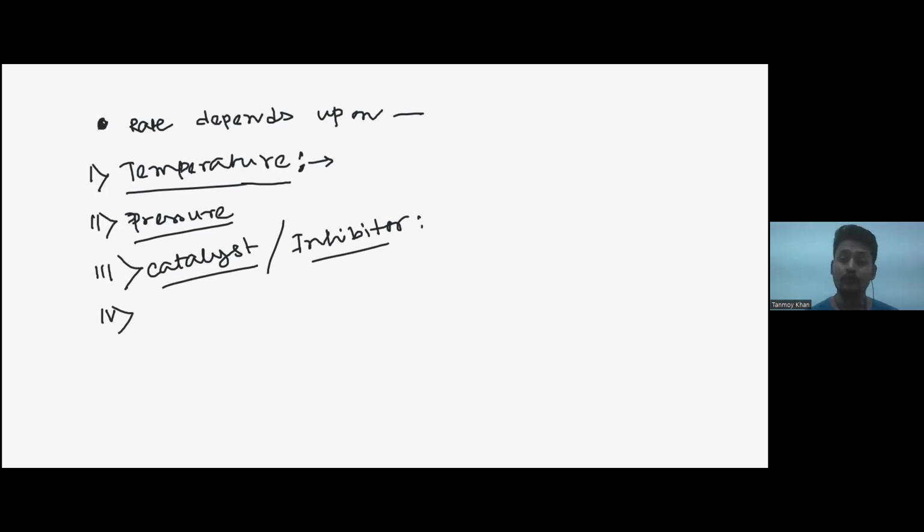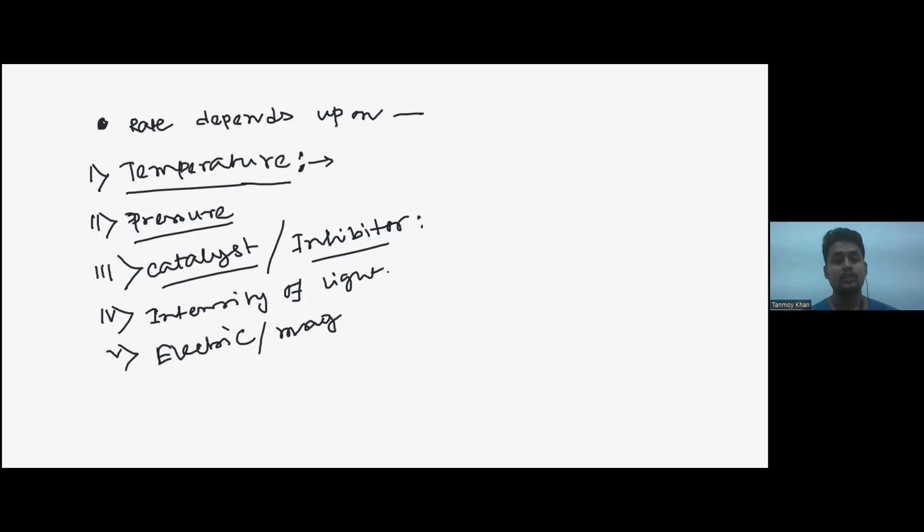Now, if it's a photochemical reaction, then the intensity of light, and similarly electric and magnetic fields, can have an effect on the rate of the reaction. So these are the things on which the rate of the reaction normally depends.